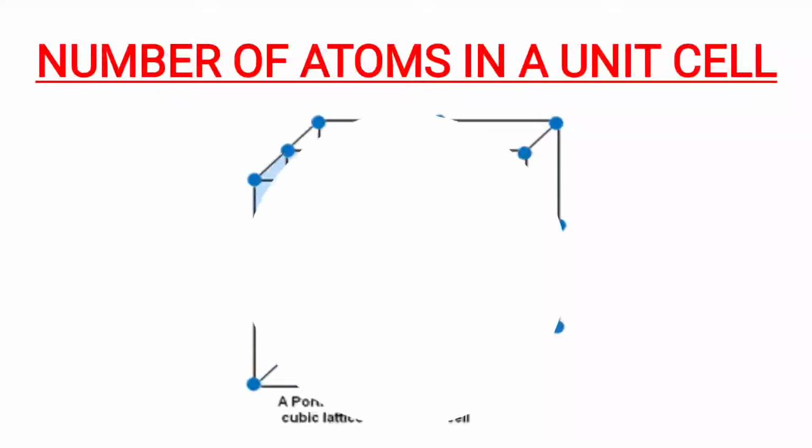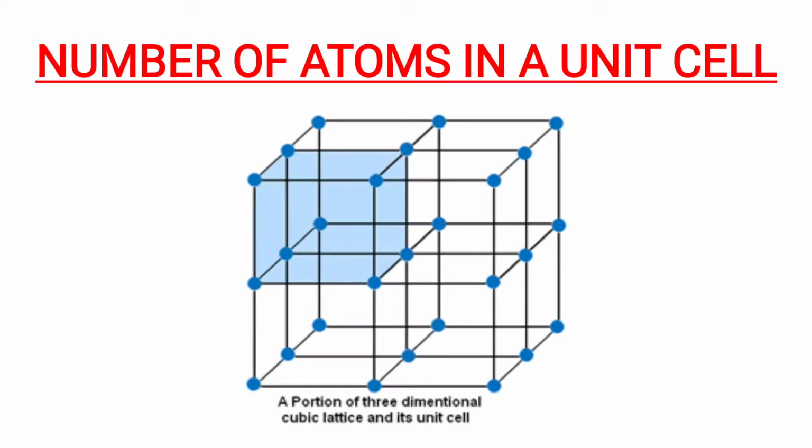Now we will move on to understanding the number of atoms in a unit cell. What you are able to see here is a crystal lattice, and the shaded portion is the unit cell. In this case, you can see that all the corners of that unit cell are occupied. So it looks like there are 8 atoms in this unit cell.